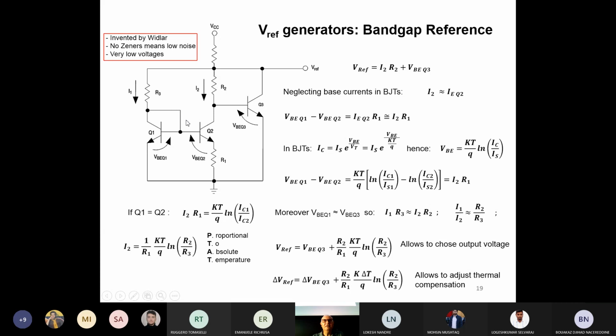That's the reason also why the whole circuit has been invented by Mr. Widlar himself. Once he invented the current mirror, he started to create a lot of different circuits. Maybe I already told you that if you look on Wikipedia for Widlar, there are a lot of stories about the fact that the more he drank, the better were the circuits he invented.